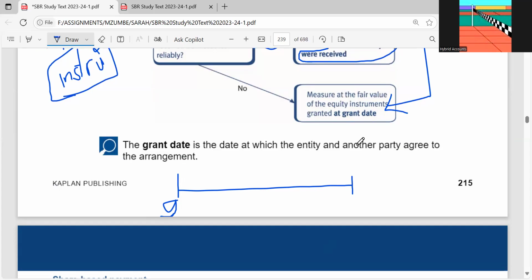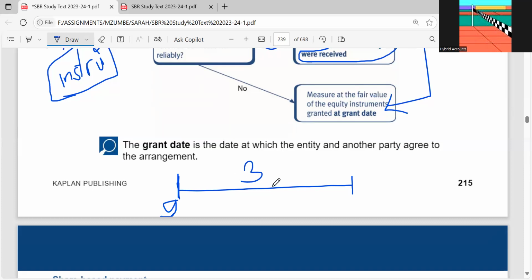So the date of agreement is the start date. So maybe they agree to do this within 3 years. For example, the entity says, okay, for any employees who stay with us for 3 years, we are going to provide them with share options, right? Let's say for 3 years.